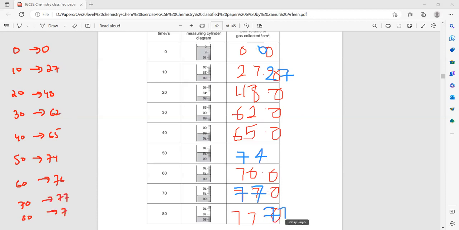The last two volumes are the same, which shows that the reaction has completed. That's why the volume is the same at the end.